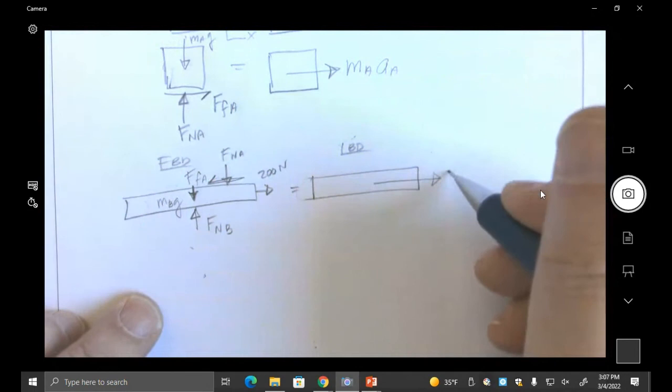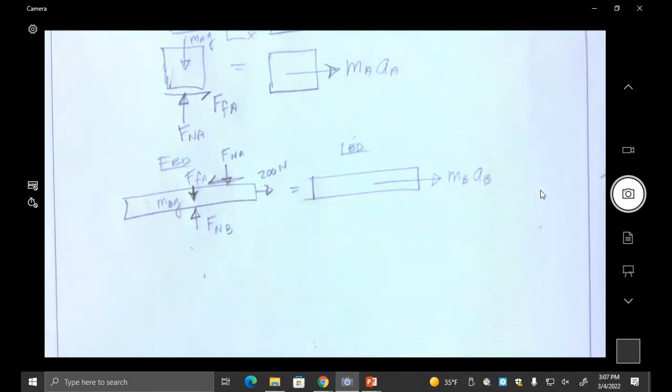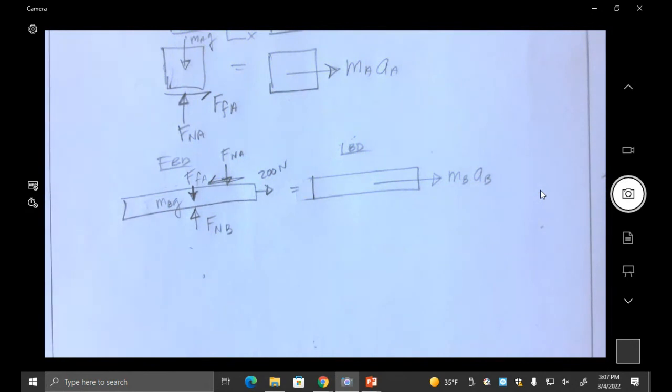And this guy's just going to have acceleration here, so it's an MBAB. Setting up free body diagrams and drawing them is a huge part of doing this. So getting just to that stage will get you lots of points.